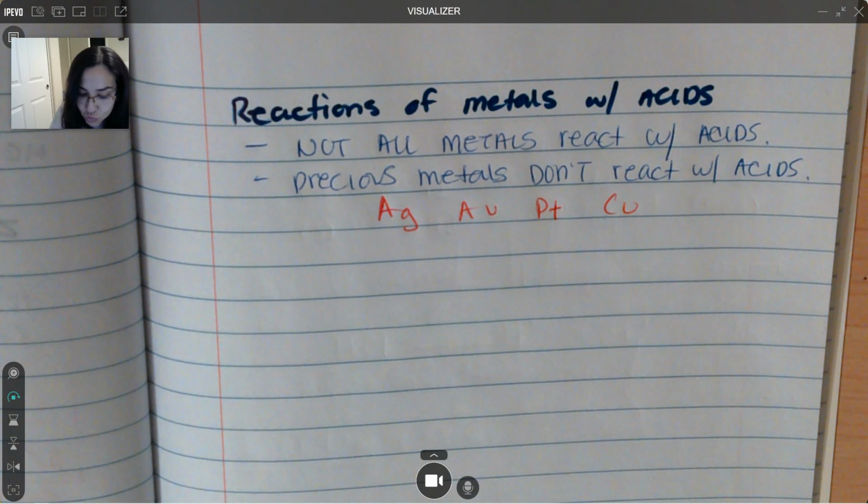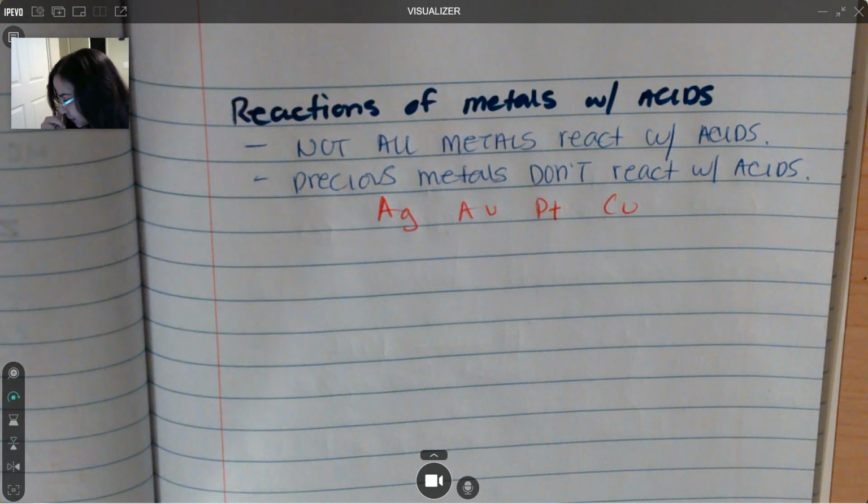Most reactive metals react with water to produce metal hydroxides.